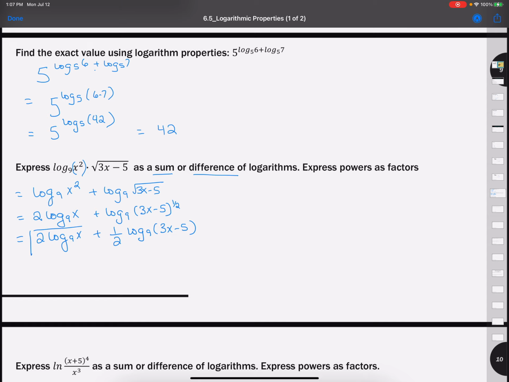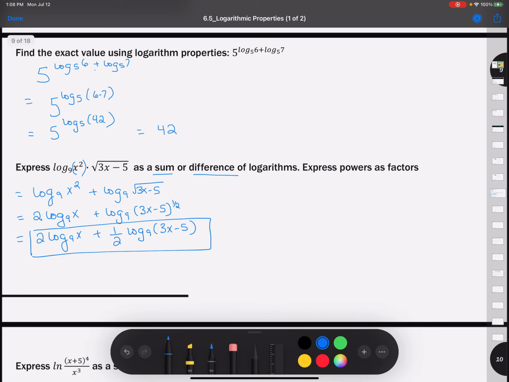And now we've used property number 5 and number 6 to write it as a sum or difference, and we expressed the powers as factors, okay? So this power got expressed as a factor, and then this power got expressed as this factor.